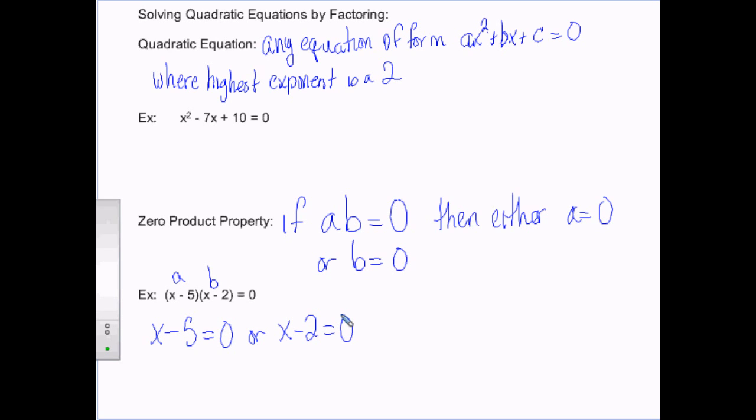So you split, set them both equal to 0, and then solve it from there. Well, if x minus 5 is equal to 0, I add 5 to both sides, and x equals 5. Or, if x minus 2 is 0, I add 2 to both sides, and x equals 2.